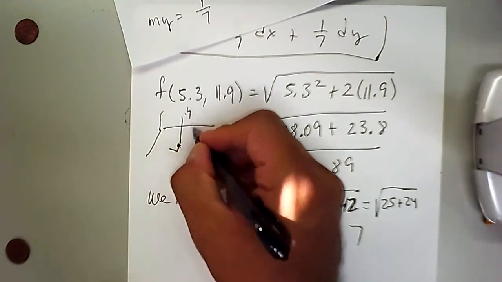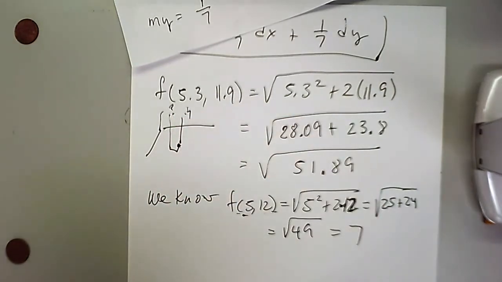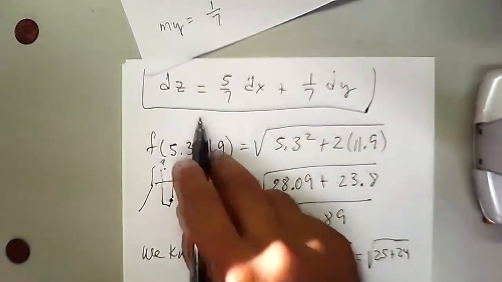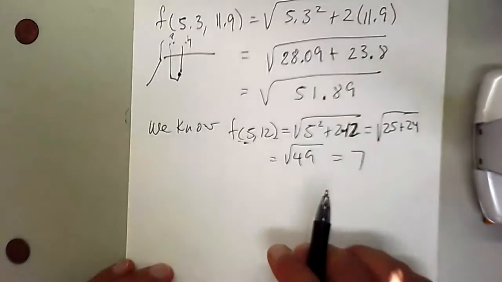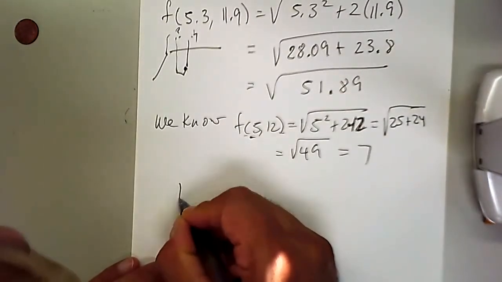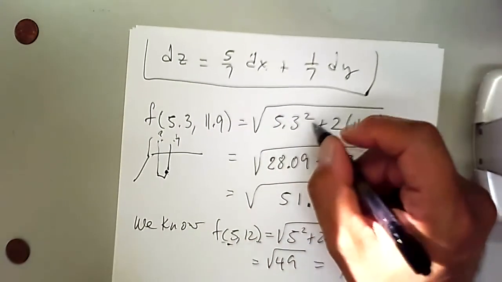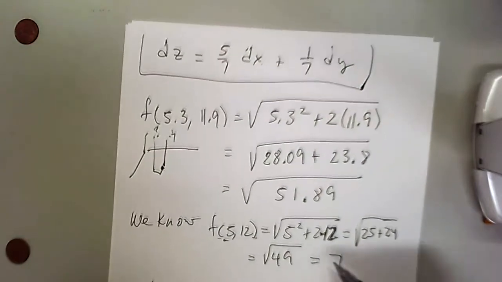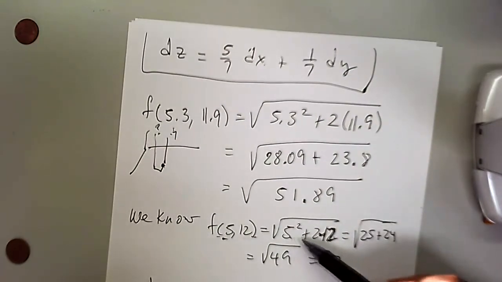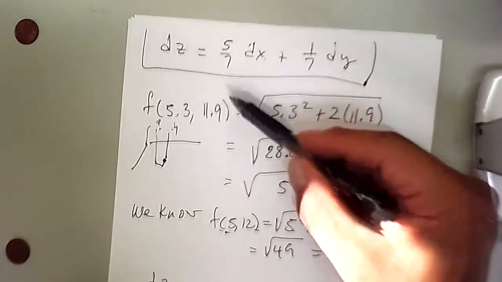The output here is 7. So what is the new output? We don't know. We want to find out. That's where the differential comes into play. In this case, plug in the correct dx and dy. We're going to find that dz, the change as we go from 5, 12 to 5.3, 11.9, will be 5/7.